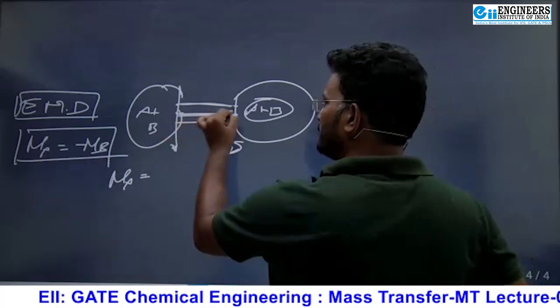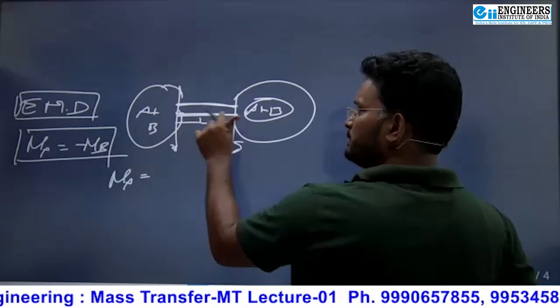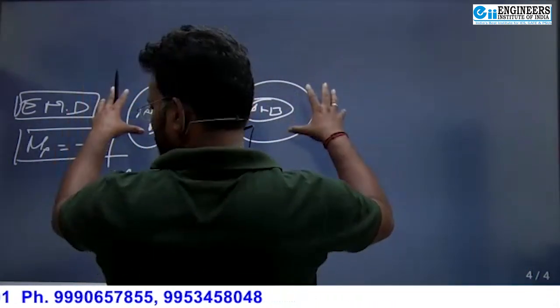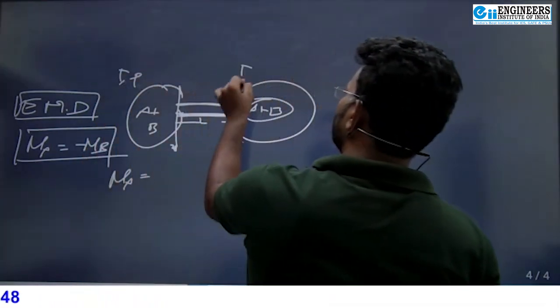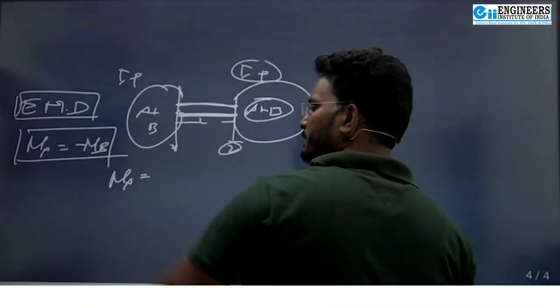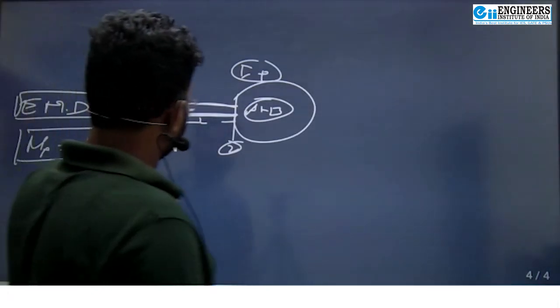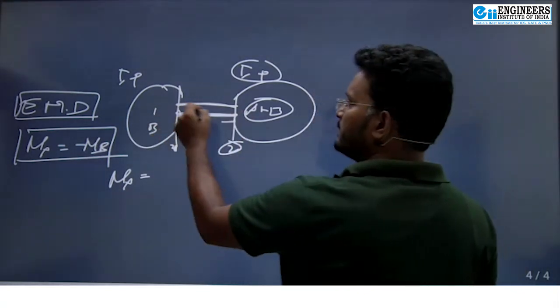This is the diffusion path, the length along which mass transfer, diffusion, takes place. Am I right? Yes or no? The two tanks, two containers, are at the same temperature and same pressure. It means the total concentration is the same, Ct equals P by RT, and they contain gas molecules of A and B. This is the diffusion length through which the transfer takes place.